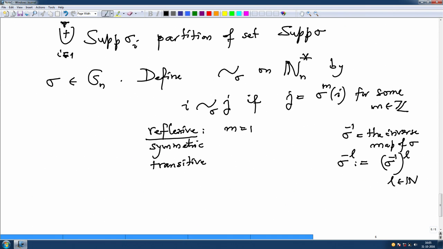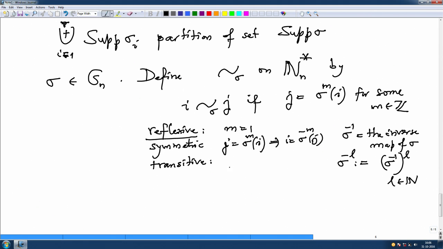Symmetric means if j equals sigma power m of i, then i will be equal to sigma power minus m of j. Just apply sigma power minus m on both sides, and sigma power m times sigma power minus m is the identity map.